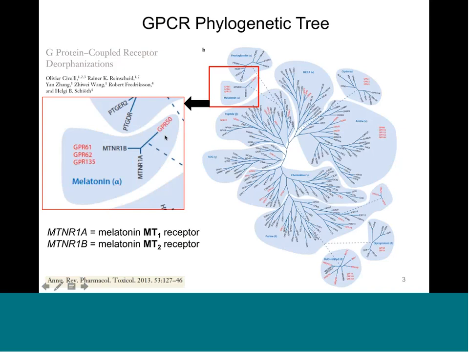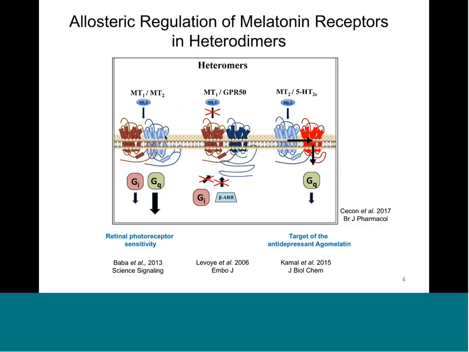Apart from this genetic and phylogenetic link between these receptors, there also exists a physical link. Some years ago we could show that these proteins can form heteromers. This can happen between MT1 and MT2, as you can see here, where the heteromer is essential for a physiological function in the retina, namely photoreceptor sensitivity during the night.